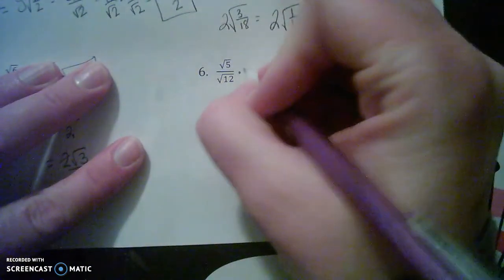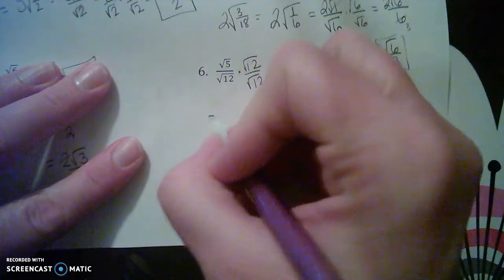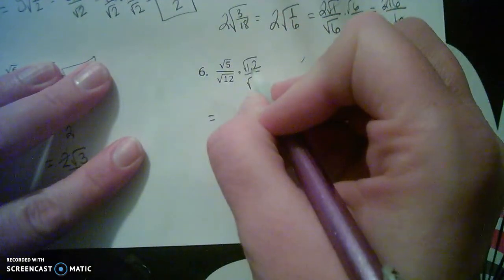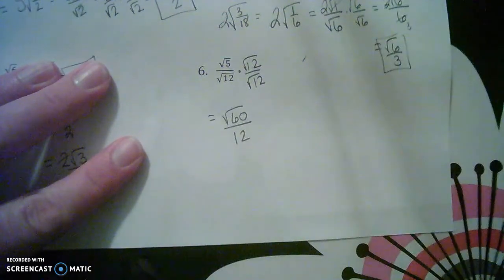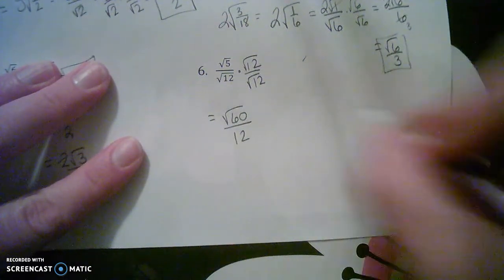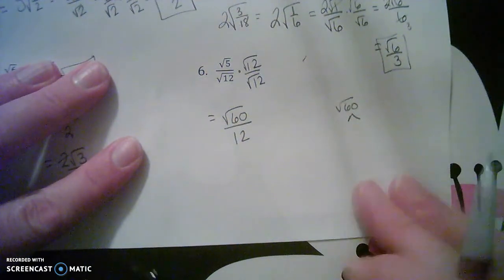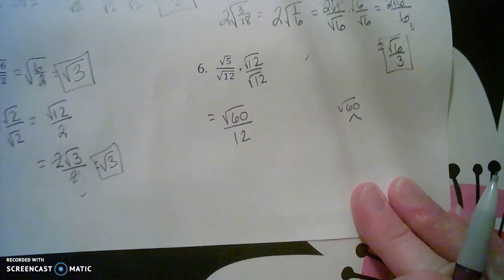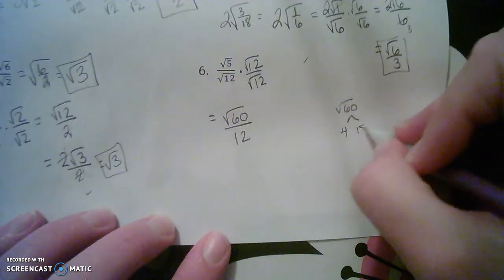All right, square root of 12 over square root of 12 then. So 5 times 12, we multiply those because they're on the inside together, square root of 60 over 12. So 60, I need to think of a perfect square that goes into 60, and that would be 4. 4 times 15.